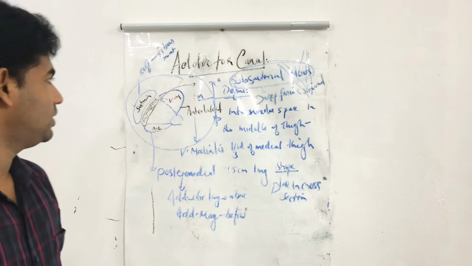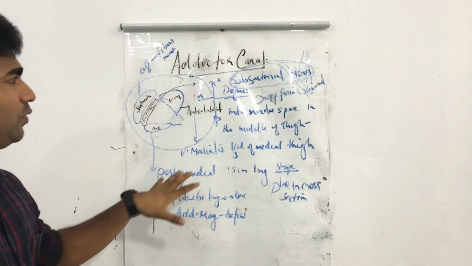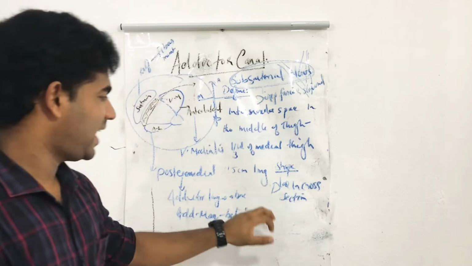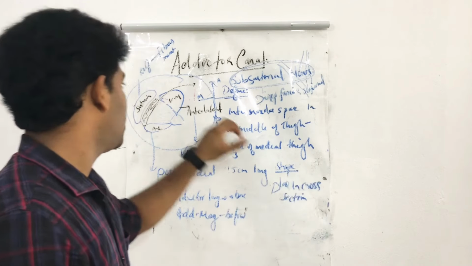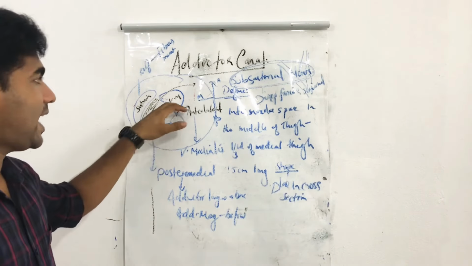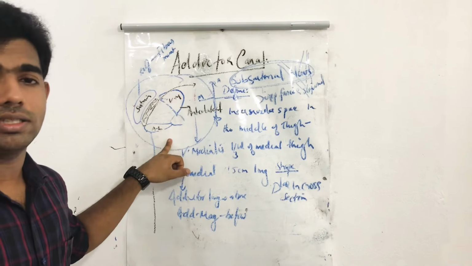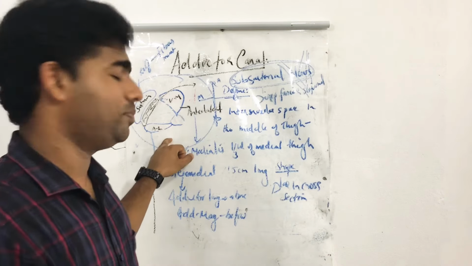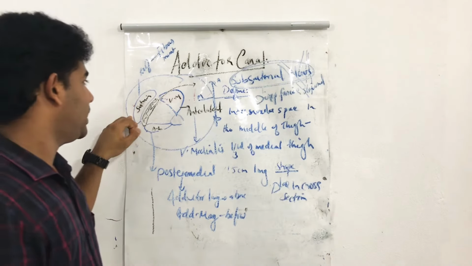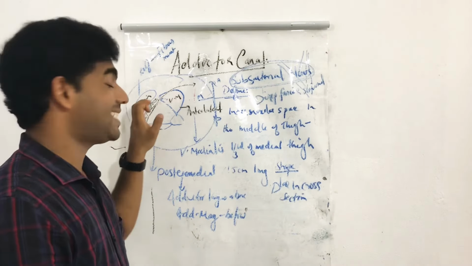Okay. Now let us just summarize the boundary. We first saw the definition, the extension, the shape, the boundaries. The anterolateral border is formed by vastus medialis, the posteromedial by the adductor longus above and adductor magnus below, and the roof is formed by the sartorius muscle.